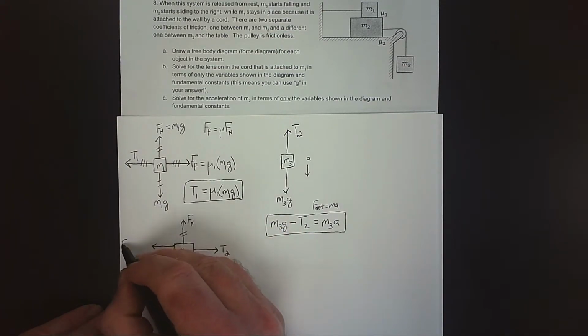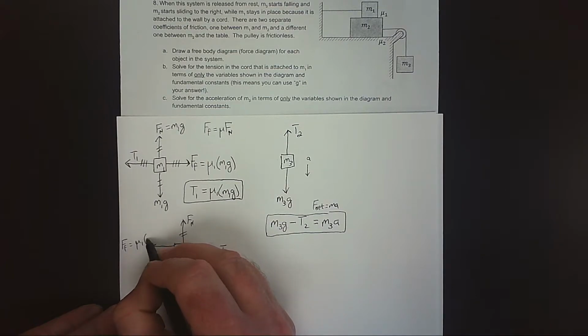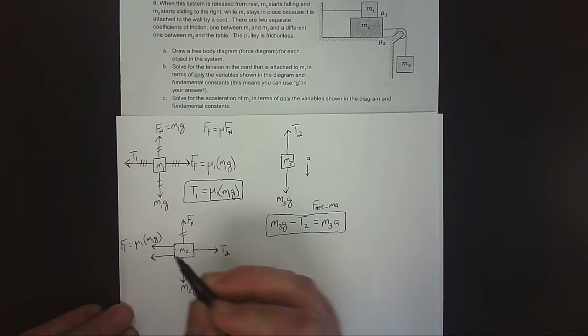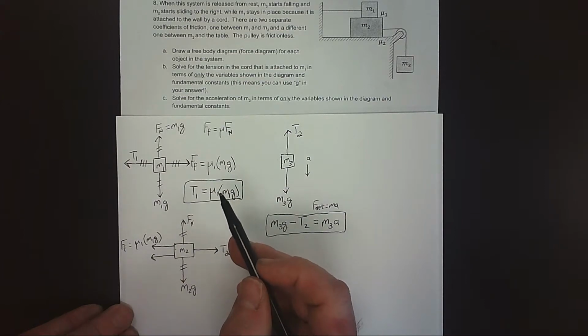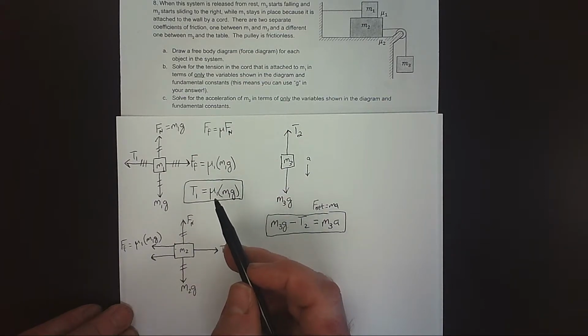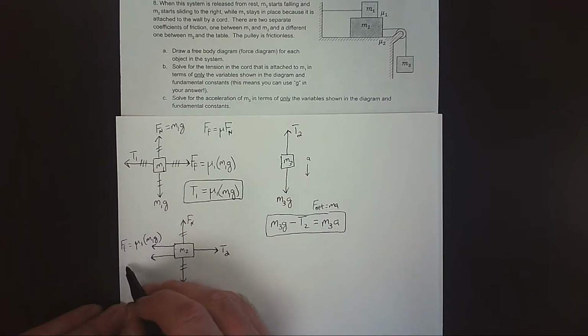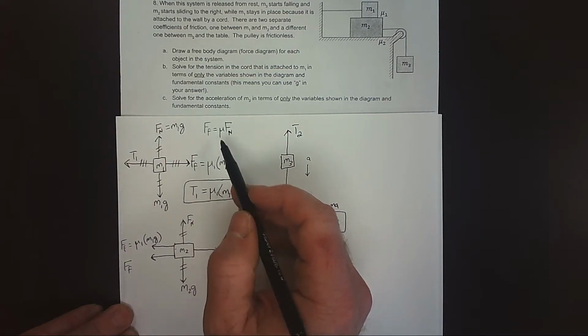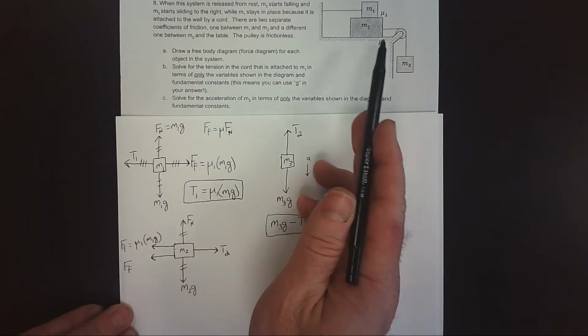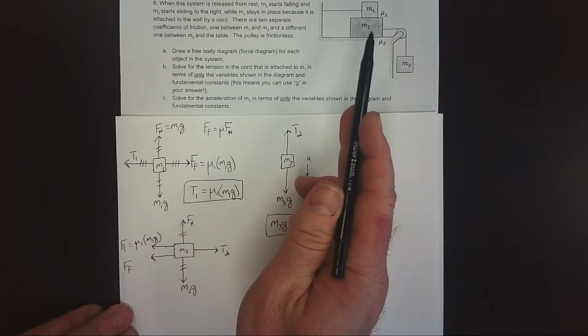So it's got this force of friction, which is equal to mu1 times M1g, the same one that the top block felt. And then I would have the force of friction between it and the ground. Its force of friction would also be mu times the normal force. In this case, it would be mu2 and its own normal force.